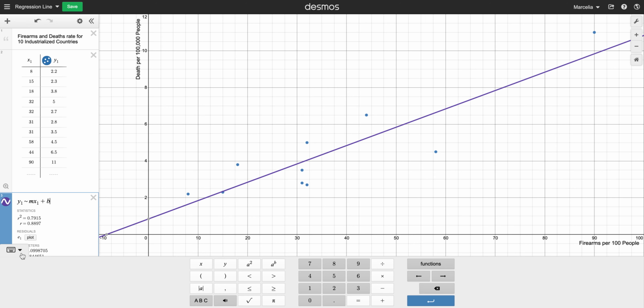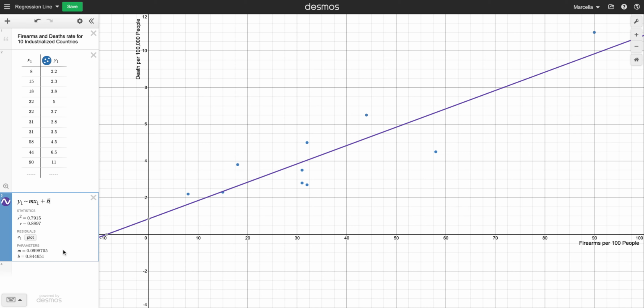And if I look at the information here, we have the values for the parameters m and b. If you look back on my notes, I did the manual calculation and rounded to 1 decimal place. So then my m was 0.1 and my b was 0.8.